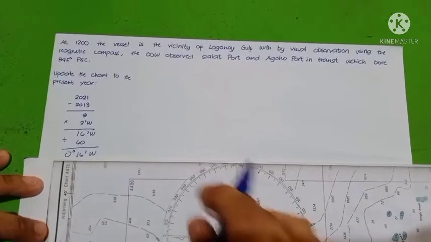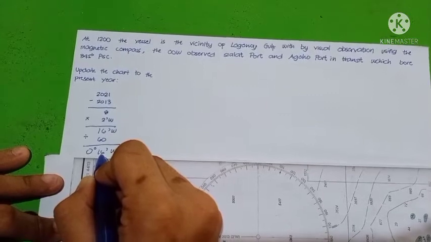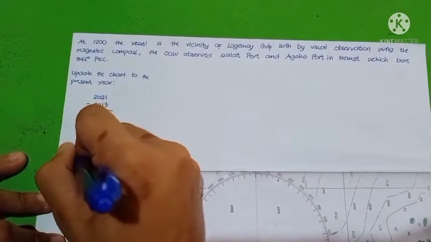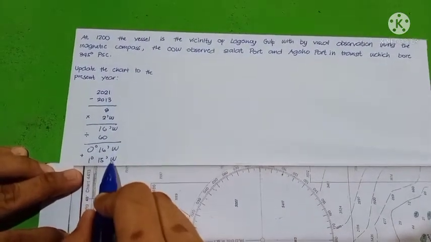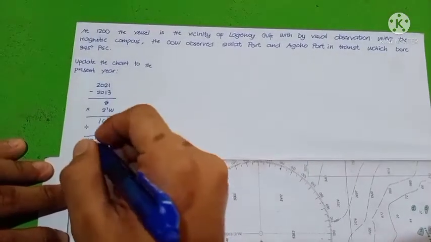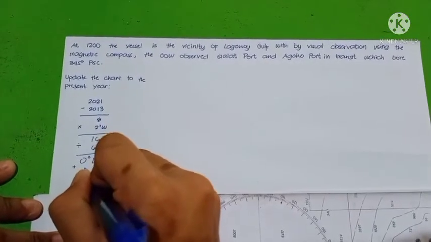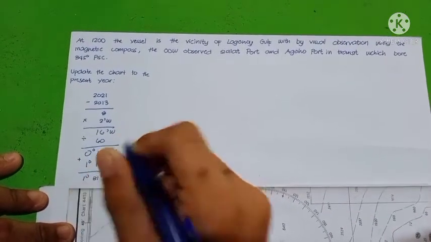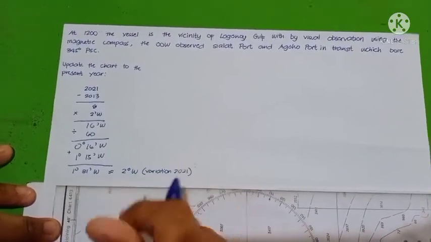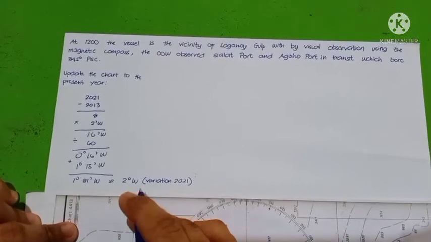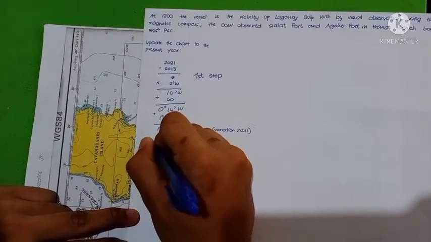So 0 degrees 16 minutes west plus, we're going to add since their direction is the same. So we will come up to the answer 1 degree 31 minutes west and round it off to 2 degrees west. And now here is the variation in 2021.